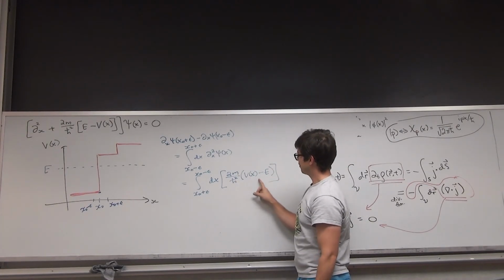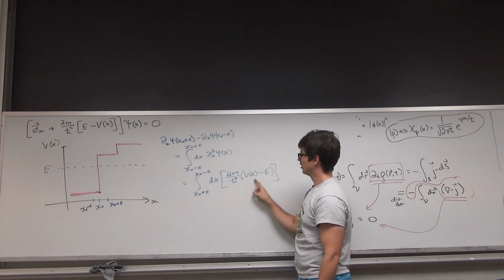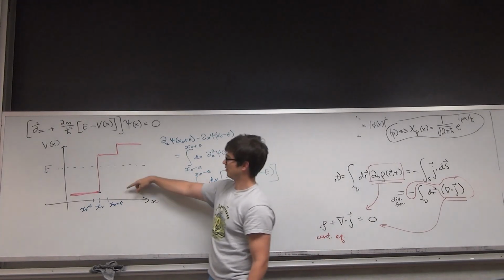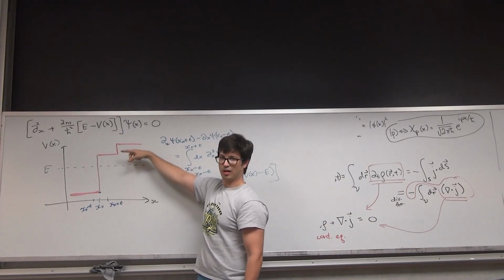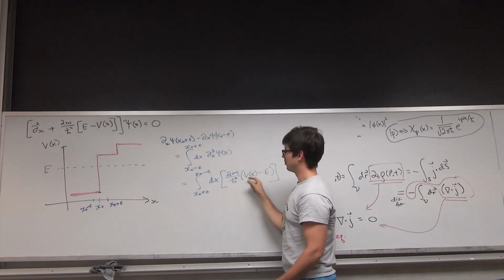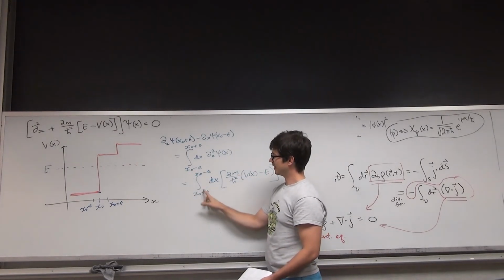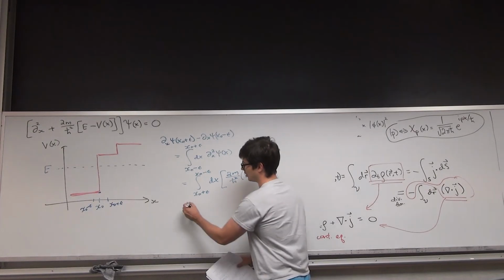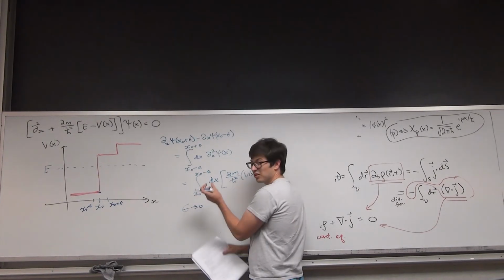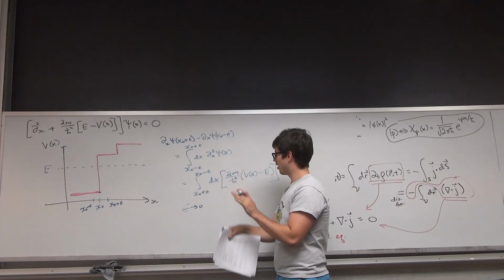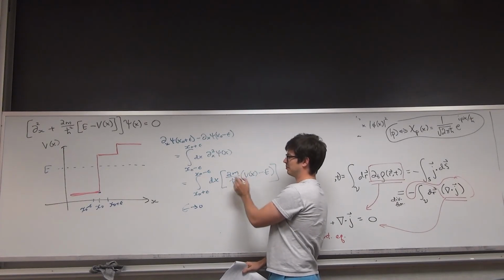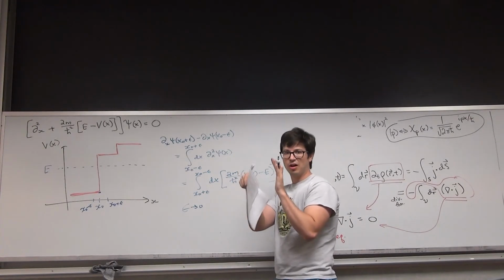and look at this. If this is a finite number, if V(x) only jumps a finite amount, then this is just some number. And this integral, if we make epsilon go to 0, becomes narrower and narrower, so you just integrate some constant over a very, very narrow interval.